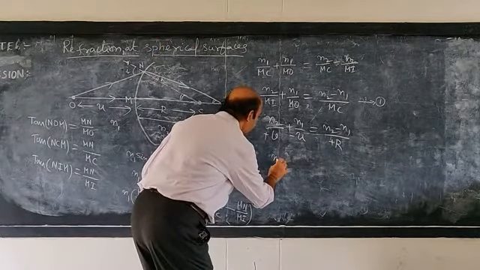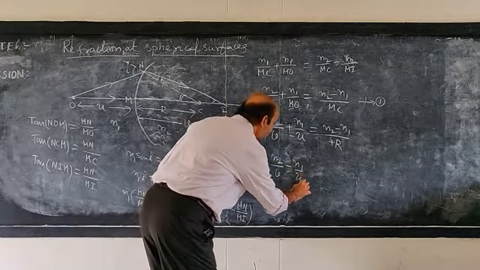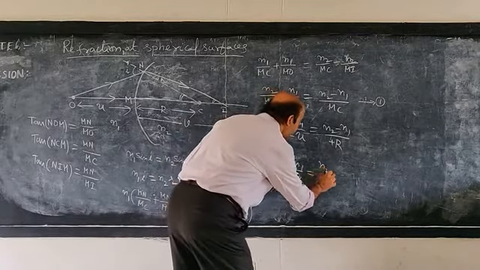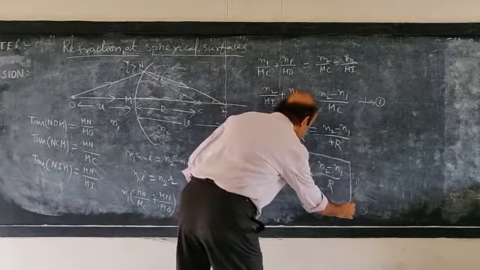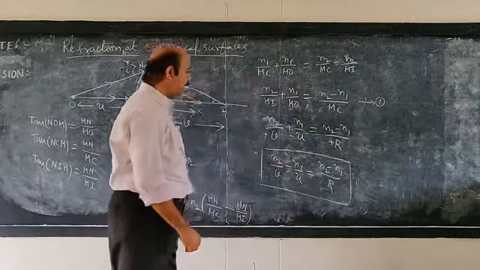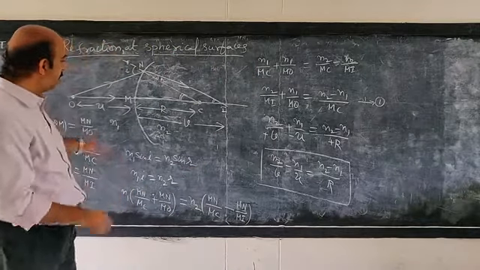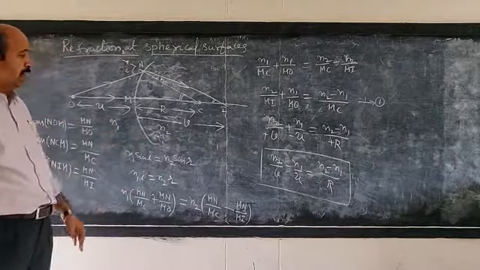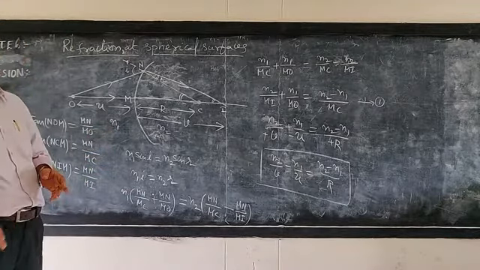Therefore N2 by v minus N1 by u is equal to N2 minus N1 by R. So this is the formula relating the refractive indices of the media and the object distance, image distance with the radius of curvature.